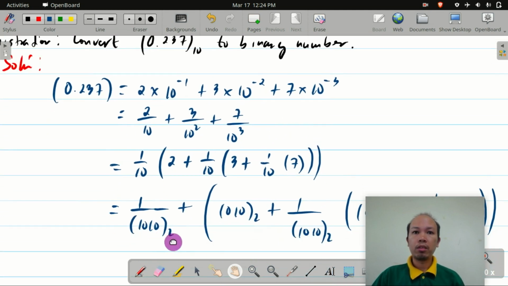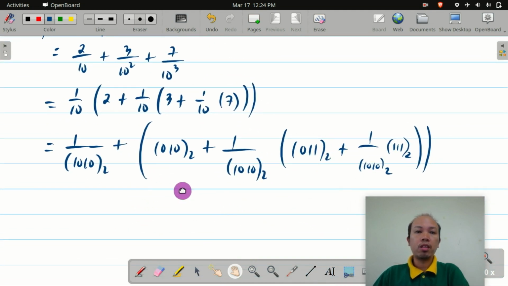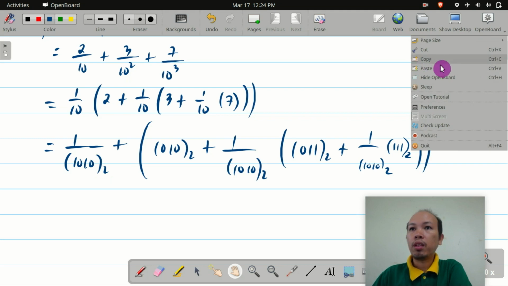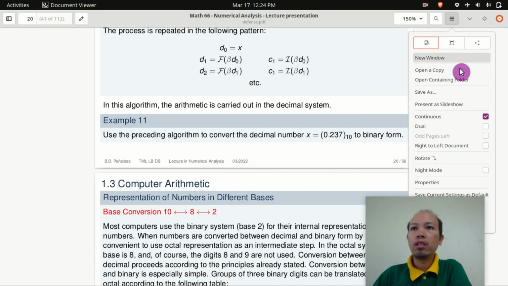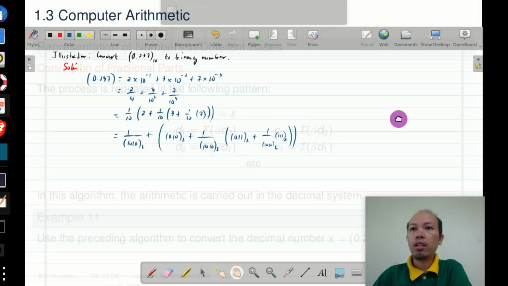But if you insist, you can search on the web, the internet, and try to study on your own how to perform the division in binary arithmetic. Anyway, let's proceed. Let's have another method.